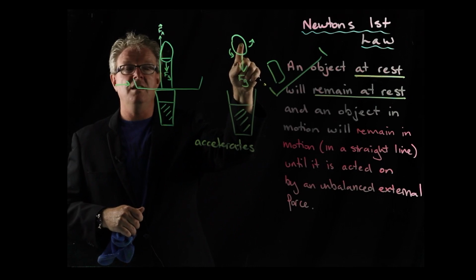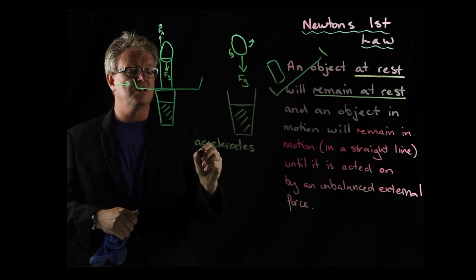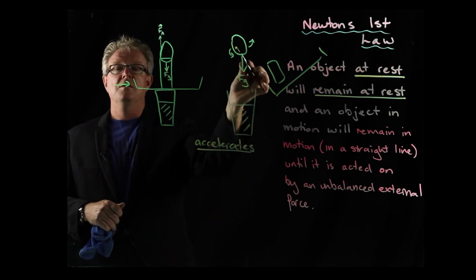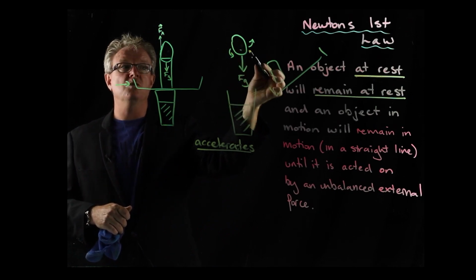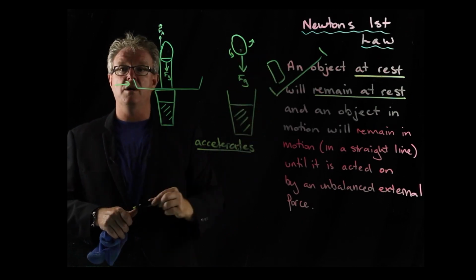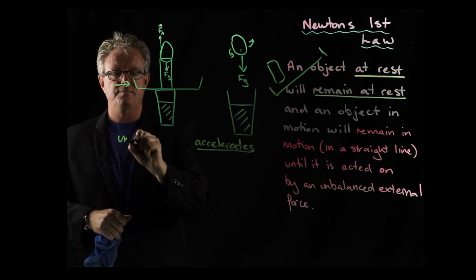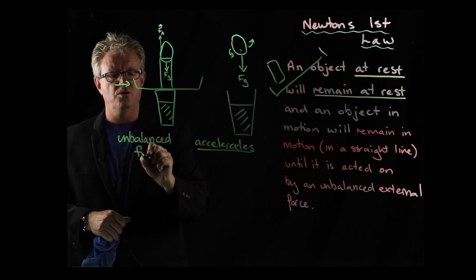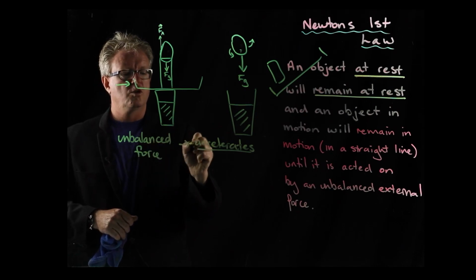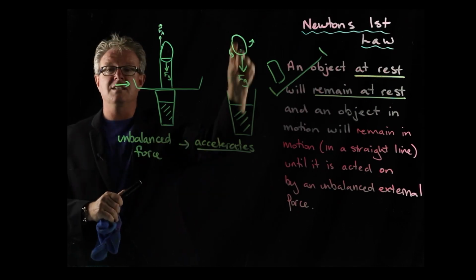Because it's not traveling here and all of a sudden it's accelerating downwards. So we're saying that the egg has now got unbalanced forces, and when the unbalanced force occurs, we have acceleration. So remember that. Unbalanced force causes an acceleration, and so the egg accelerated.